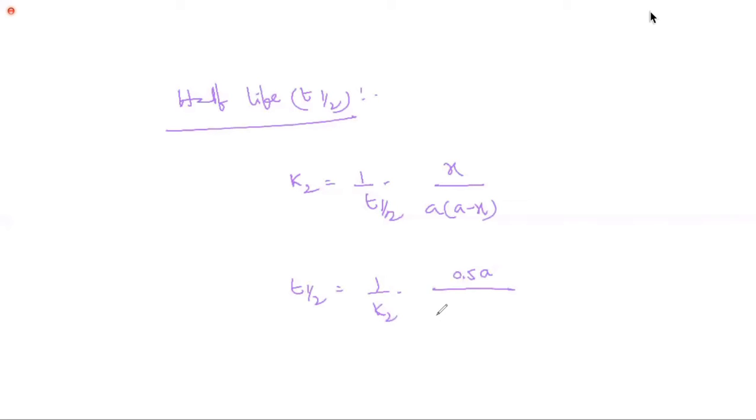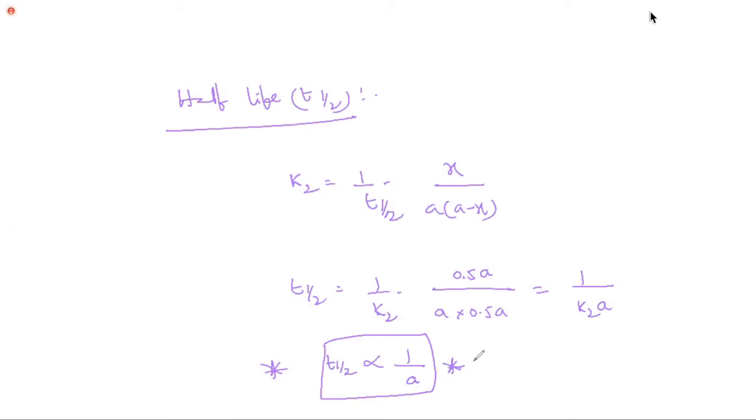Yes, sir. This is equal to 0.5 of A, and this will get cancelled. It is 1 by K2A. Is it nothing but T half is inversely proportional to initial concentration? Is it right? Yes, sir. Yeah, copy this.